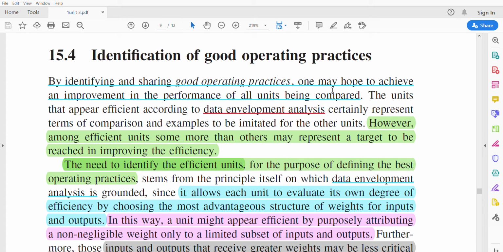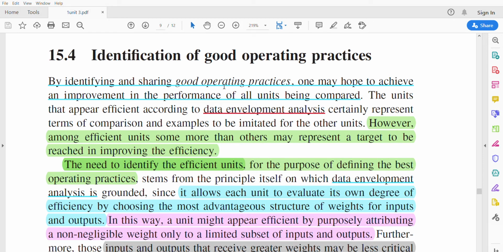Whatever units we are comparing to get the efficiency and to identify the efficient units, by that, we need to achieve the improvement in the performance. For this, we have to identify and share good operating practices. This is the method to achieve improvement in the performance of all units.